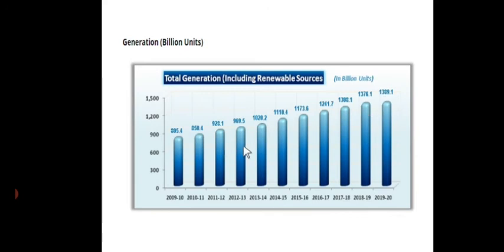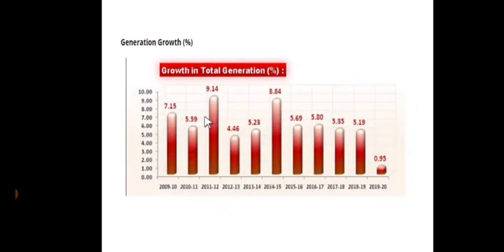From that we can see how much electricity demand is increasing year by year, and we must produce that electricity to fulfill this demand. There is also a growth in total generation percentage.